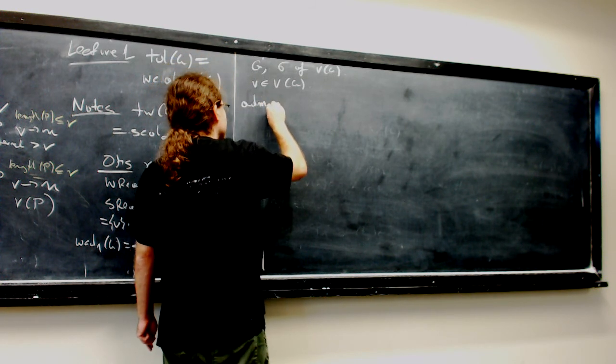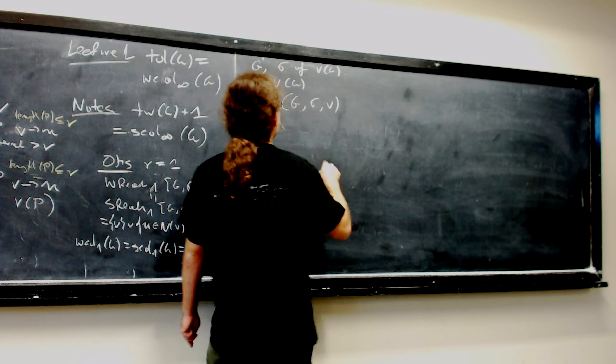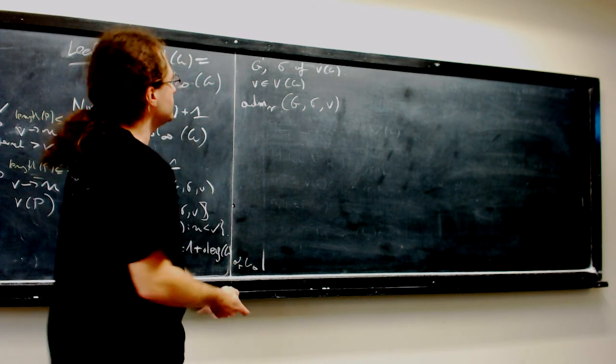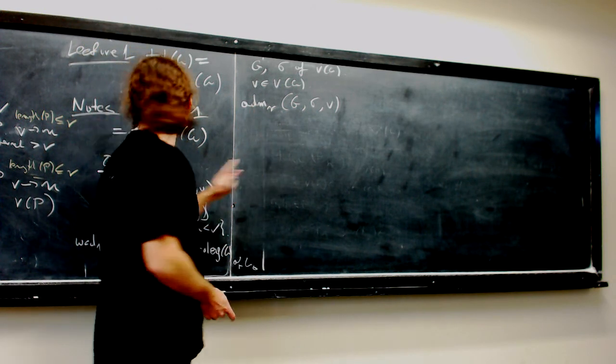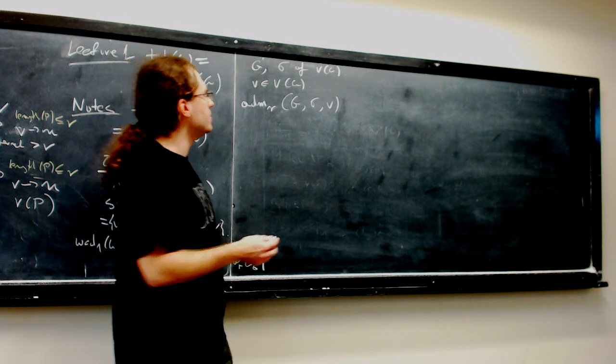I want to look at the admissibility with some radius r, adm_r of G, sigma, v, and I put normal brackets here, not square brackets, because this is a number, not a set. This was a set of reachable vertices in some fancy way. This is a number, a maximum.